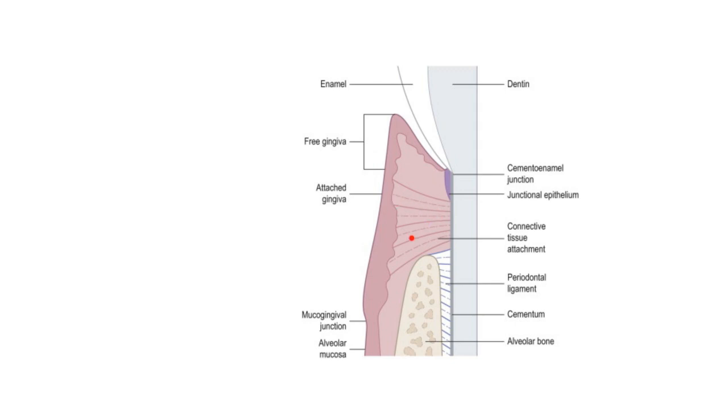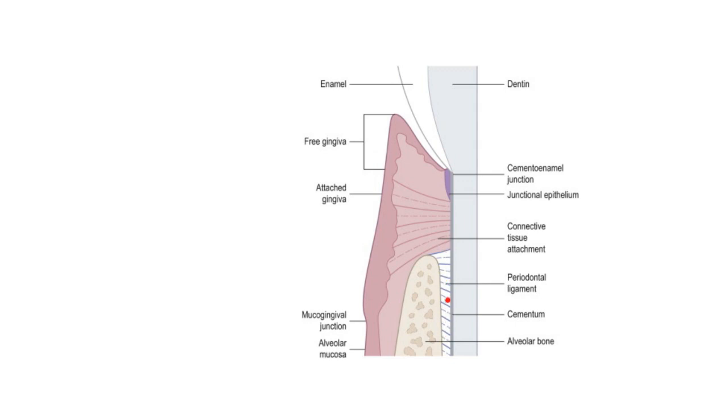Most of the collagen fibers are located here, so it's tightly bonded to the underlying cementum and the root surface. And here we have the junctional epithelium. We may talk about this in separate lectures.